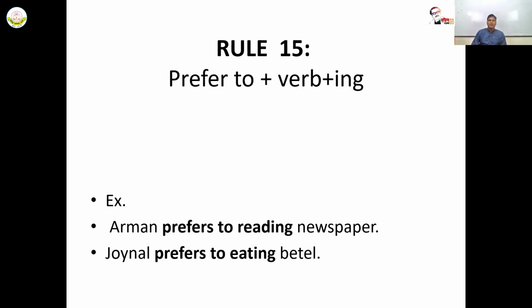That means after 'prefer to', always take the ing form. For example, Arman prefers to reading newspaper. Joynal prefers to eating veg. In one rule I told you that after 'to', the verb takes the base form, but some words take the ing form, and this 'prefer to' is one. So we have to be careful here.